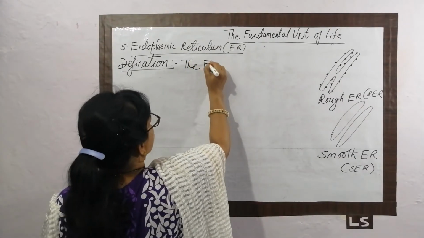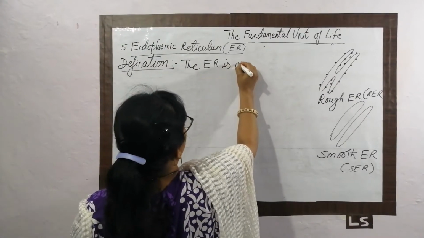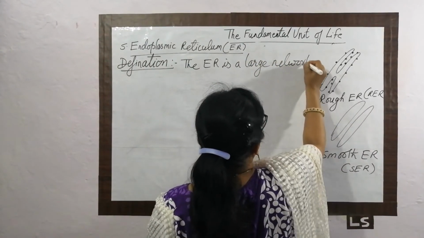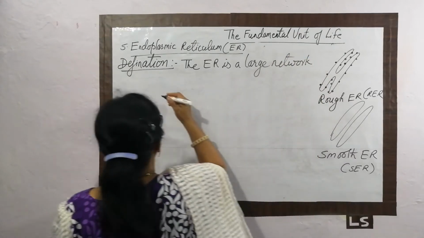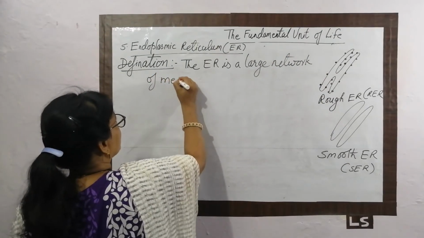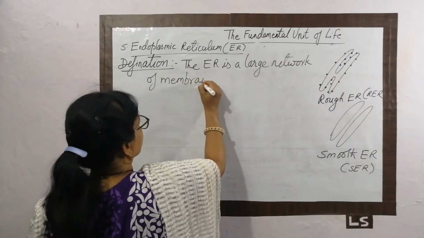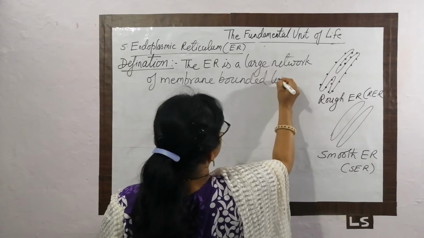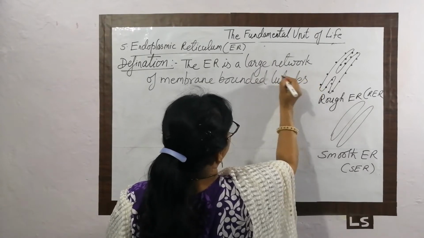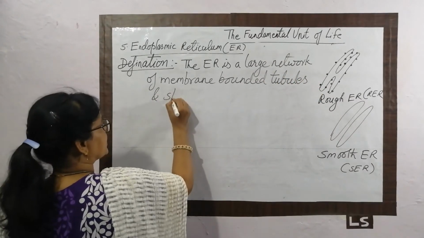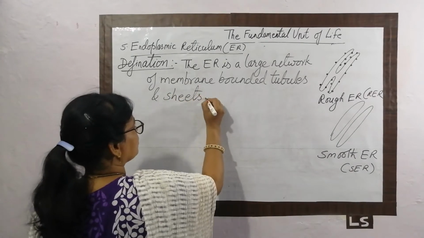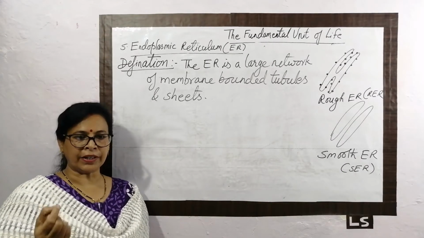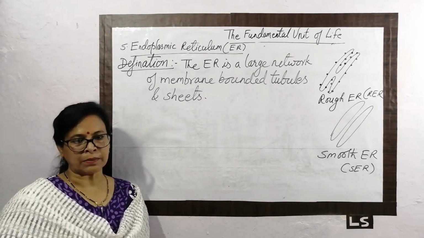The endoplasmic reticulum is a large network of membrane bonded tubules and sheets. Sheets which contain vesicle. Vesicle is the bag-like structure. So this is the simple definition for the endoplasmic reticulum.